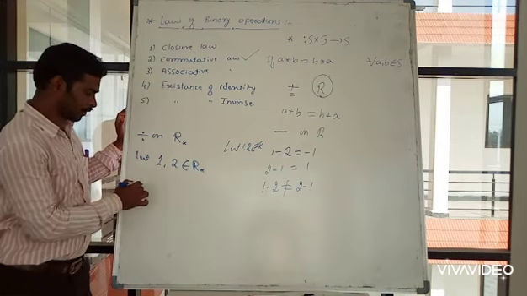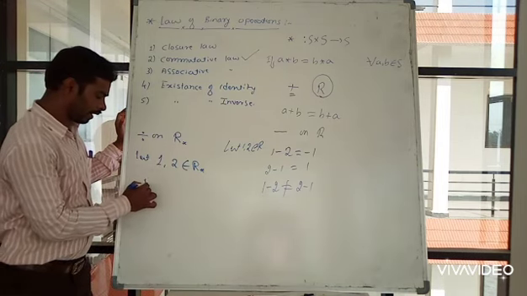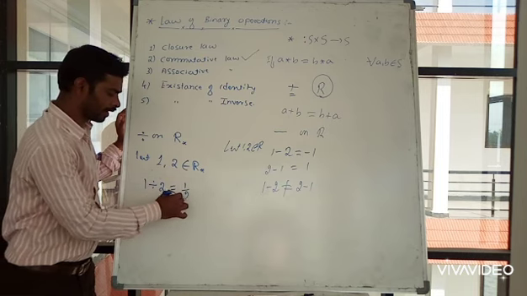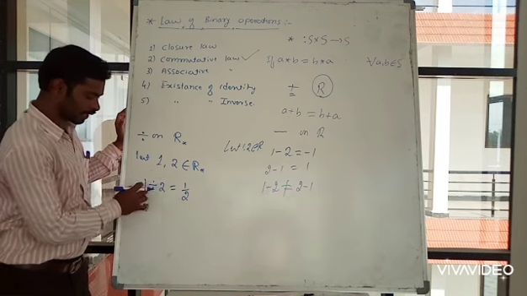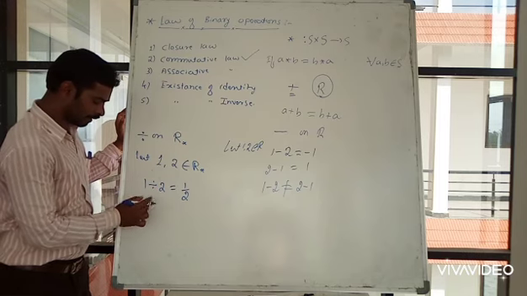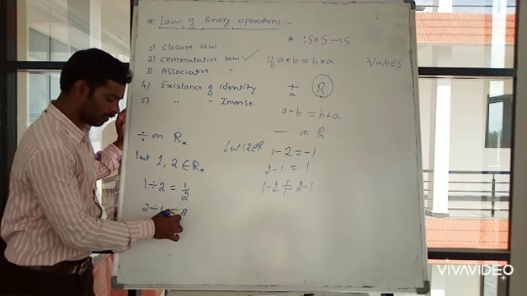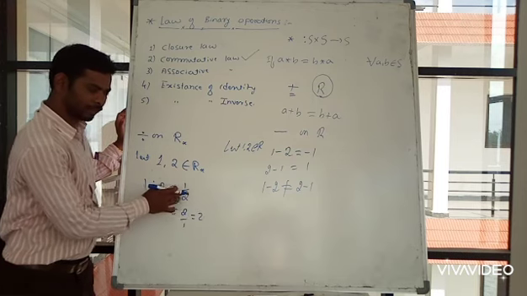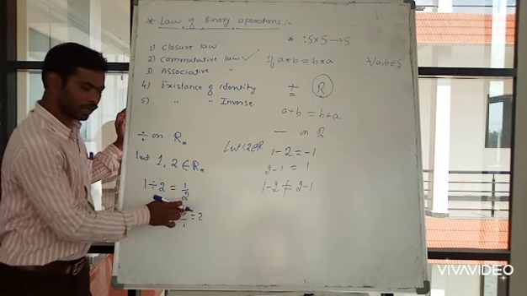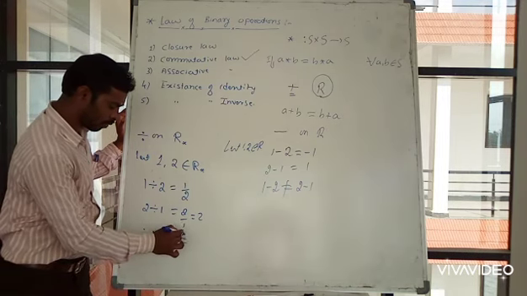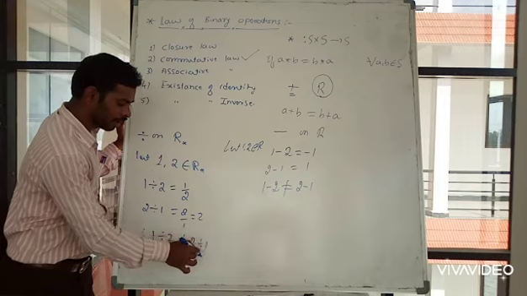Therefore for this operation, A star B is 1 divided by 2, and B star A means 2 divided by 1, which is 2. From this it is clear that 1 by 2 is not equal to 2. Therefore 1 divided by 2 is not equal to 2 divided by 1.